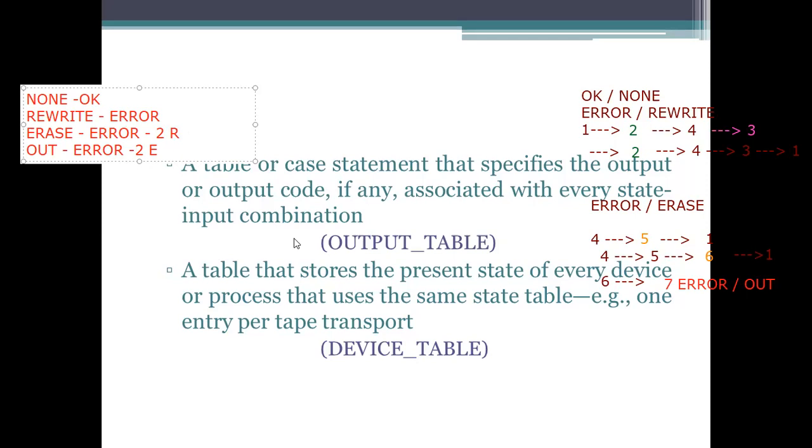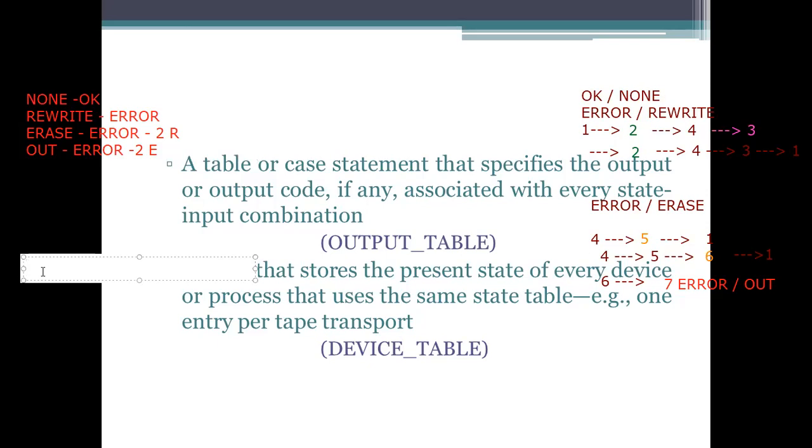Why? Because we need to specify that these actions have to be done while processing. So the actions we are mentioning, we specify at the output itself. So here I get into this first state.